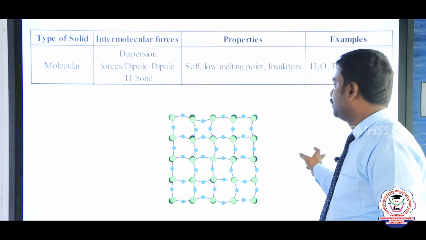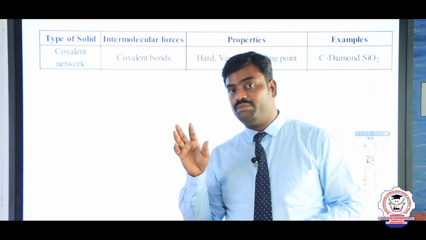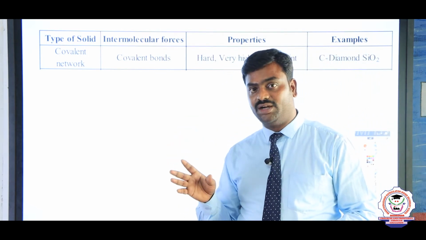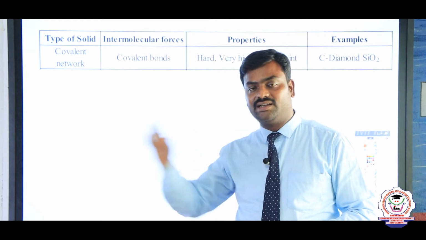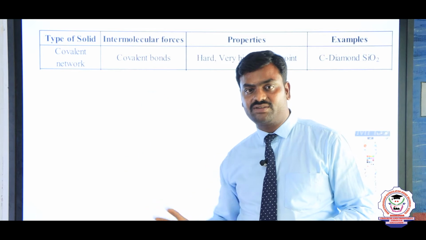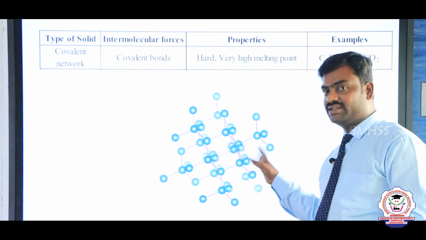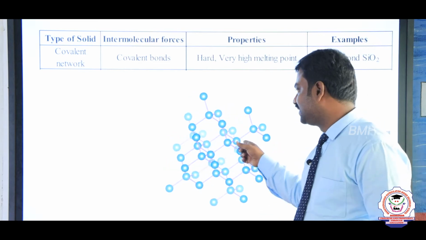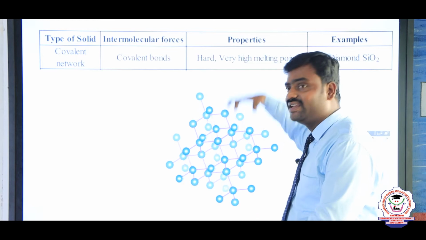Next, covalent network. See here, the bond is formed because of covalent nature, but the covalent bond is going on entirely and making a very big network structure. For example, this is a diamond molecule. In this diamond molecule, carbon makes a bond with another carbon, and like that it goes on increasing.